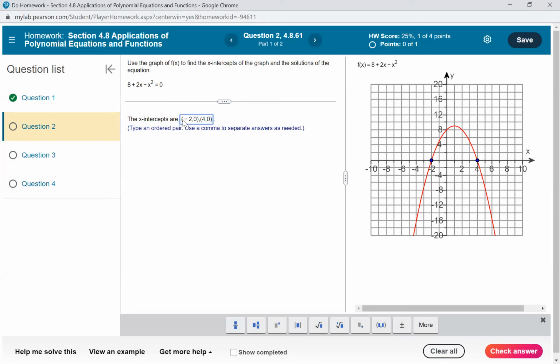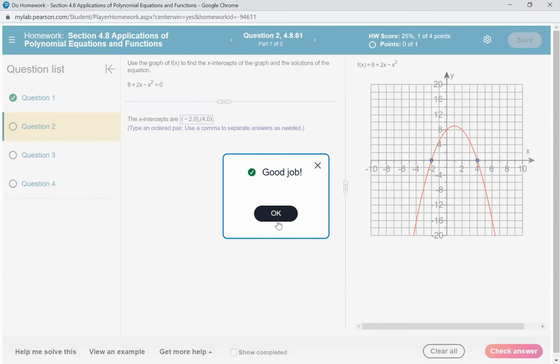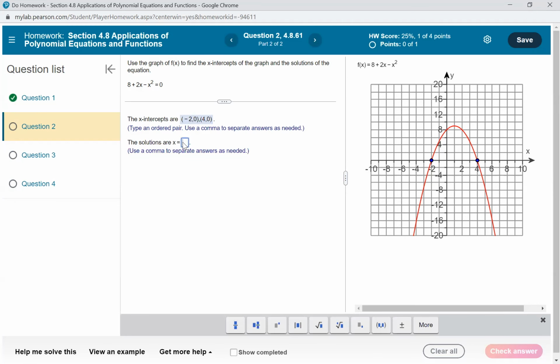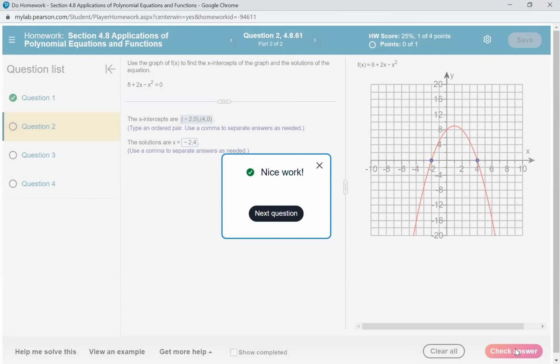So good job. So then you check that. All right, y'all. What are the solutions? -2 and 4. So y'all, these two problems not bad. They just wanted y'all to realize that your x-intercepts, x value is the same as the solutions.